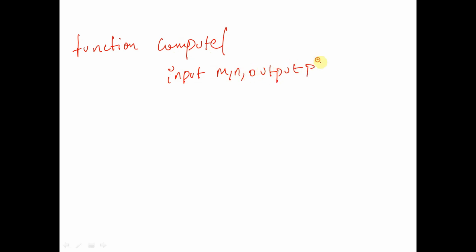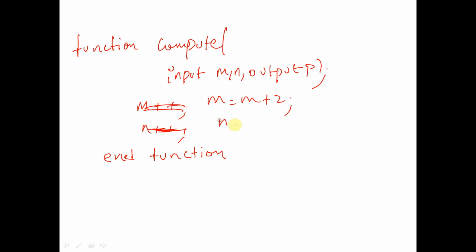And here I will declare the function which is called compute, and my input arguments are m comma n comma output p, and I'm incrementing m plus plus and n plus plus, ending the function. Or else I will write m is equal to m plus 2 and n is equal to n plus 2.